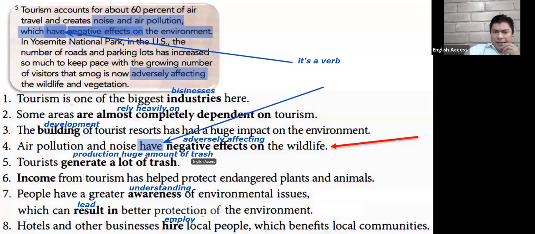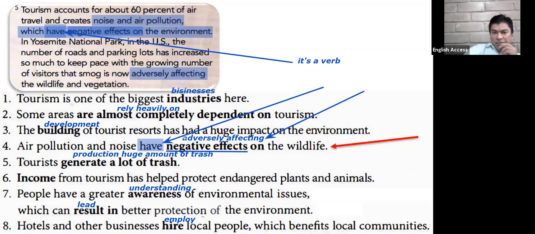But on the sentence number 4, air pollution and noise have negative effects on the wildlife. This is a verb on the sentence, but if I introduce this, it has to be different because negative effects on the sentence is an adjective, but adversely affecting is not an adjective. Adversely is an adverb, and an adverb works only with a verb.